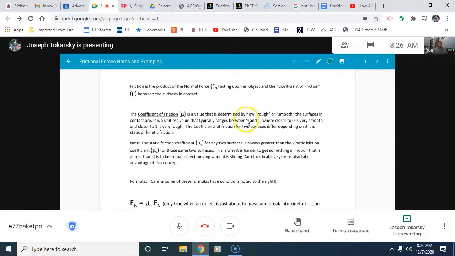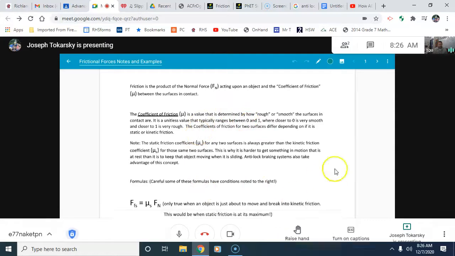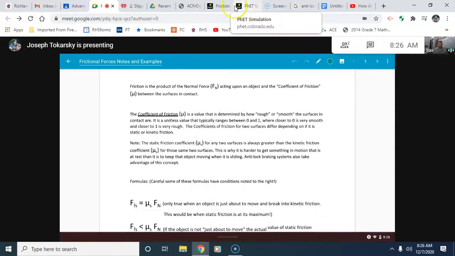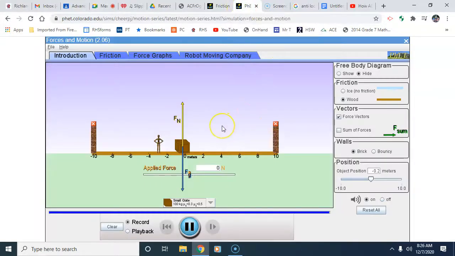Now for the different types of friction, and we'll get back to discussing that stuff. I'm going to use a different simulation for this. This simulation you're going to use for a lab later this week. We're going to take an object in this simulation. It's just a box on a surface.